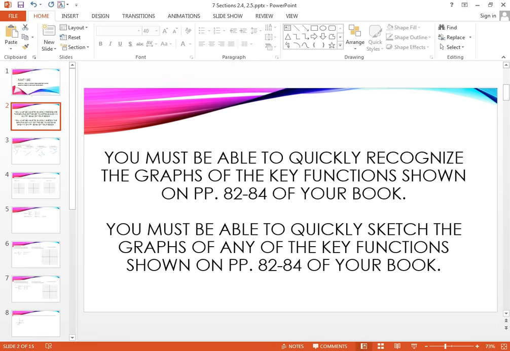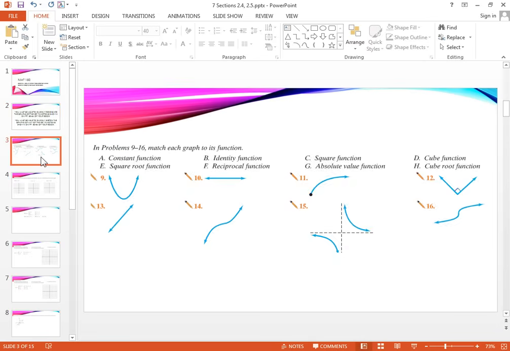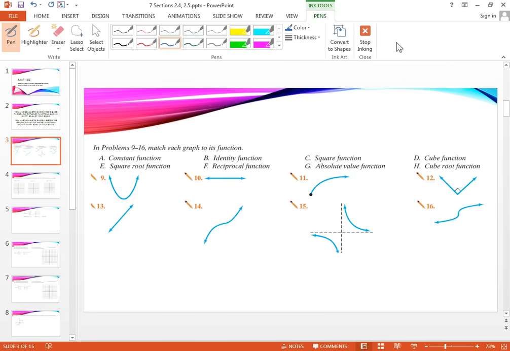Okay, so you must memorize these. So if I gave you something like this and I said, hey, you got 30 seconds, can you match them up? Could you do it? All right, let's see. So the constant function is the one that goes straight across as a horizontal line. The identity function is the oblique line, the slanted line that goes through 0, 0.